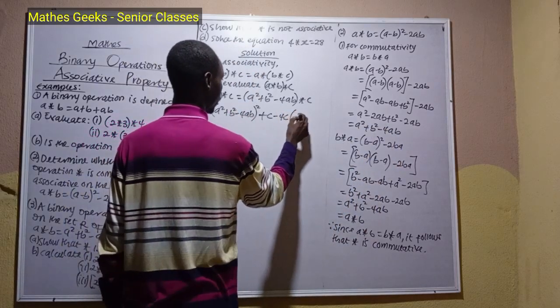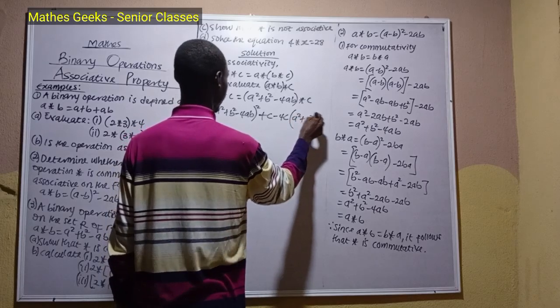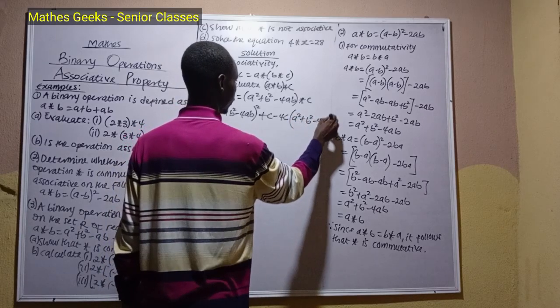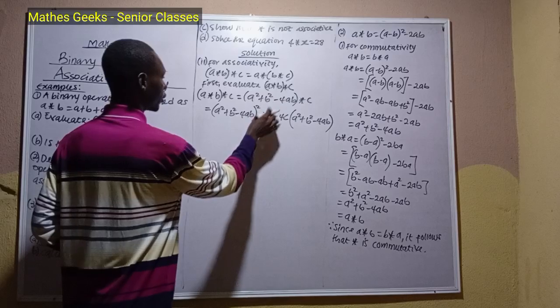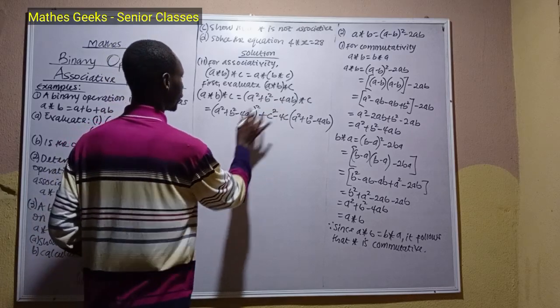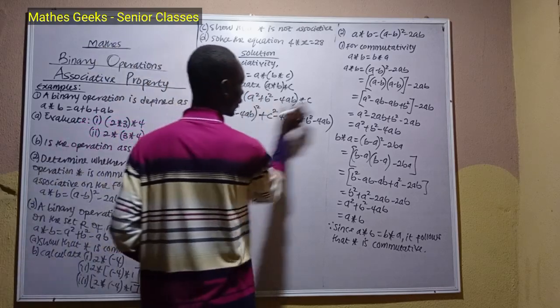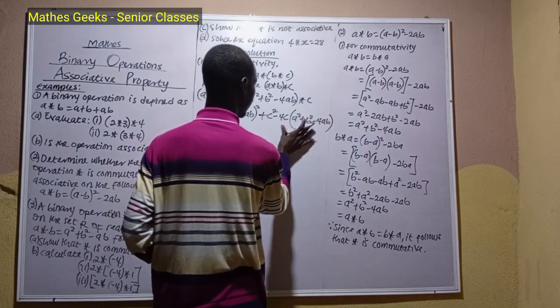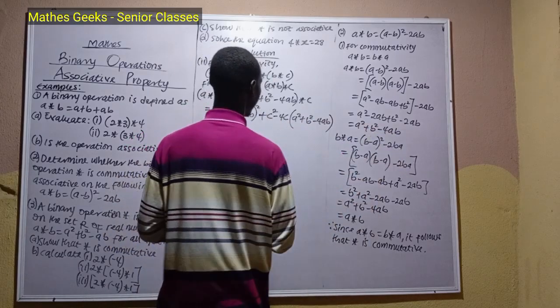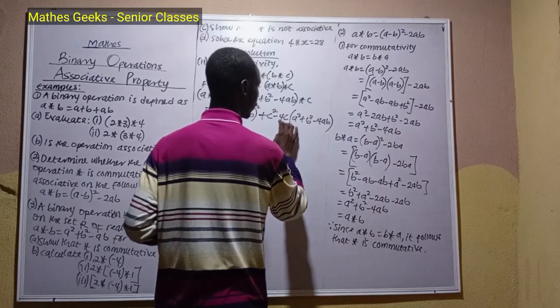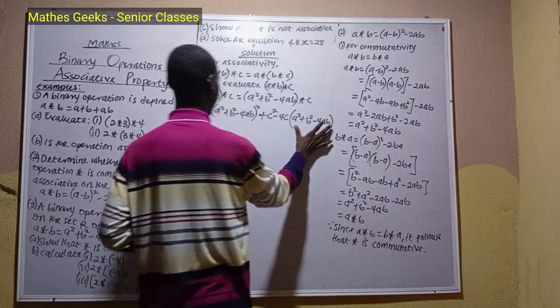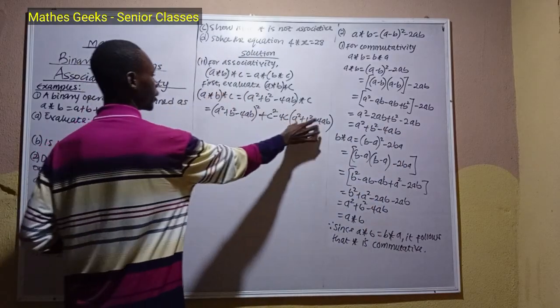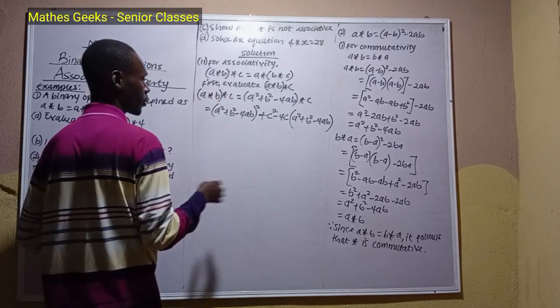So we have A squared plus B squared minus 4AB, whereas here this is C squared. This is our A here, and C squared is B here, and then this part is 4AB, where B is C and A is this part, because it's A star B. So this part is A star B. That's it.